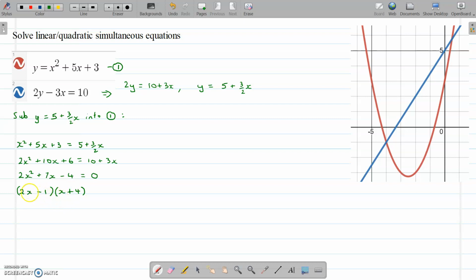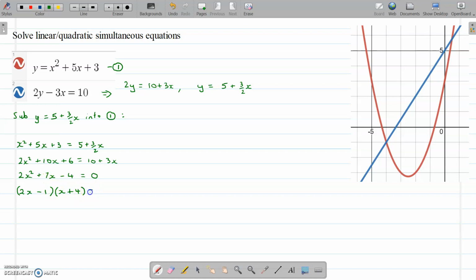Because if you do 2x times x, you've got the 2x squared. The minus 1 times 4 will give you the minus 4. We knew that part. It was whether or not we would get the 7x. And in fact, we get 2x times 4 is 8x minus 1x is 7x. So that works.